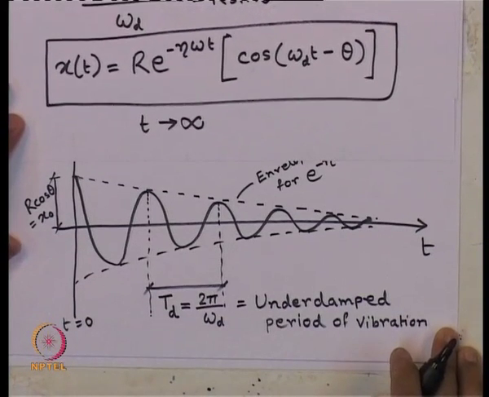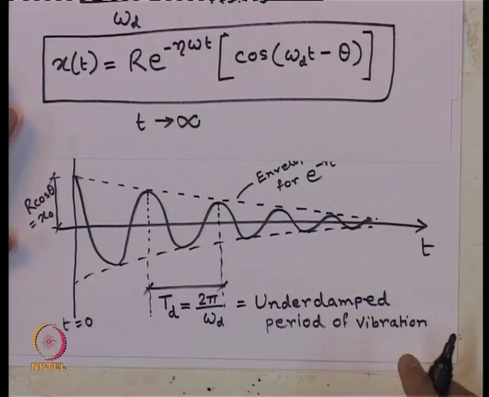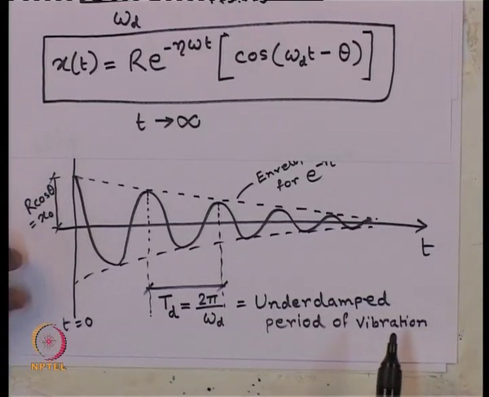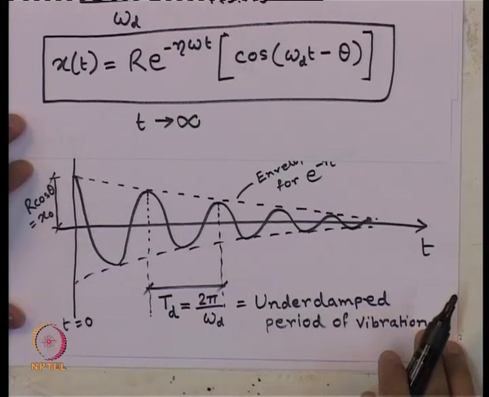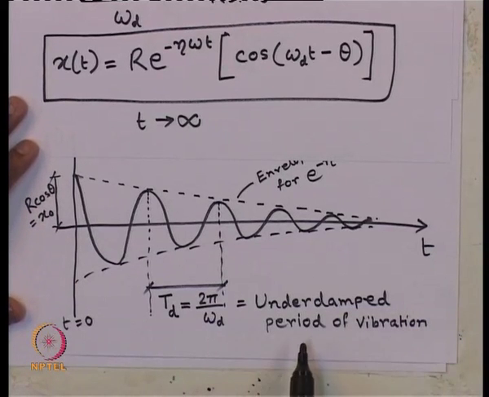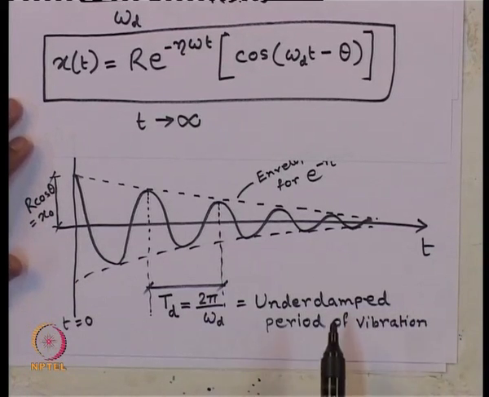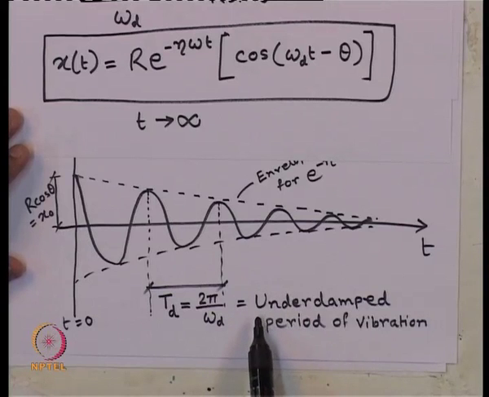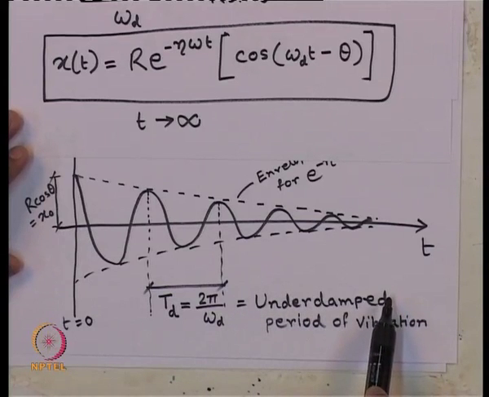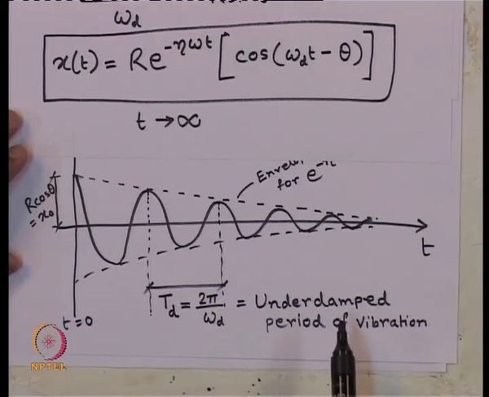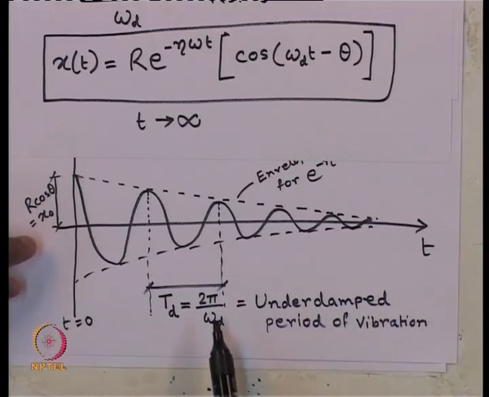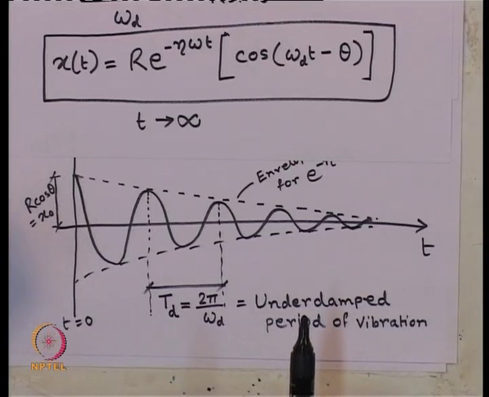One more thing I want to inform you: in several books, for many problems, it is mentioned as damped period of vibration. It is a common terminology. Most of the time we do not use the complete word underdamped, but damped period of vibration for the free vibration case means the underdamped case only.